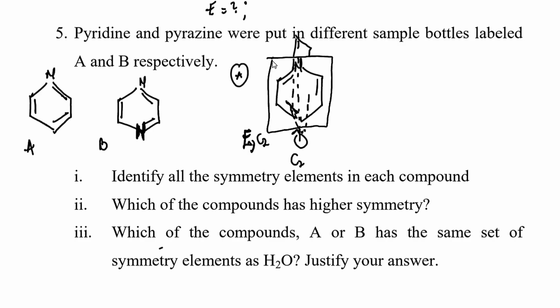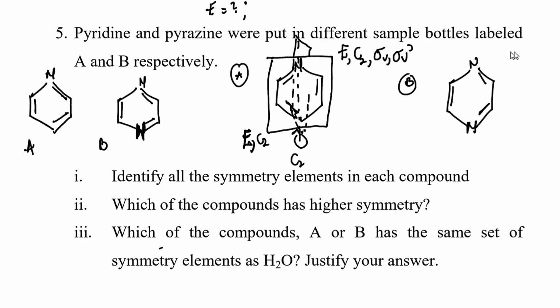So the symmetry elements are identity, C2, sigma V, and sigma V prime. Now let's look at the second structure, B. We have nitrogen and the bonds here.